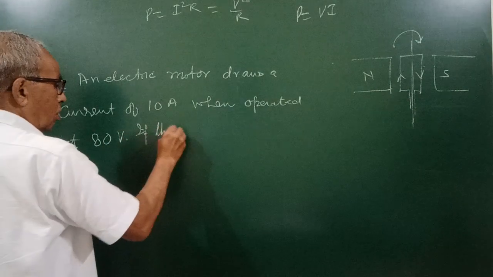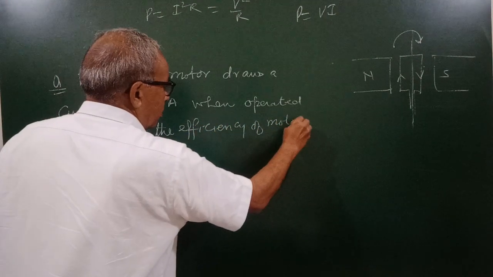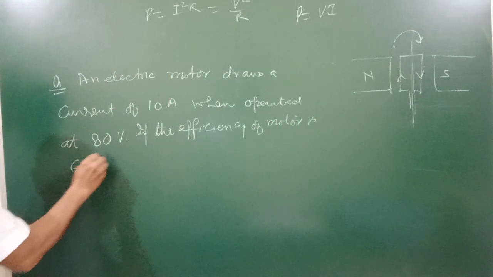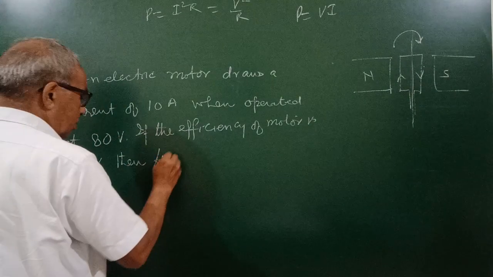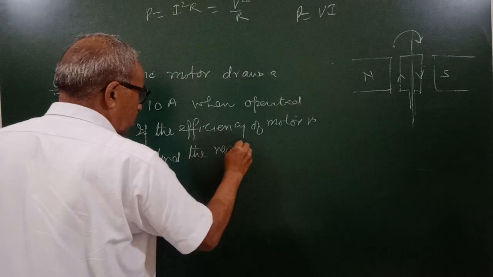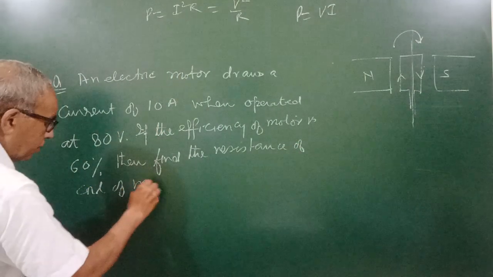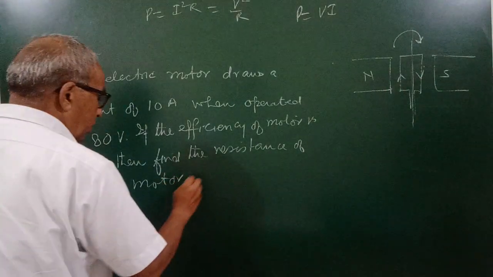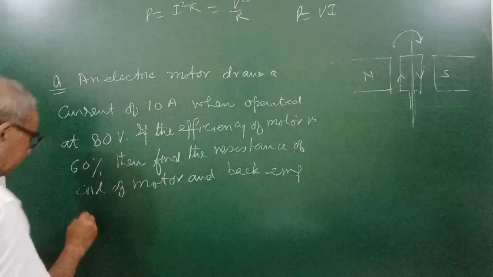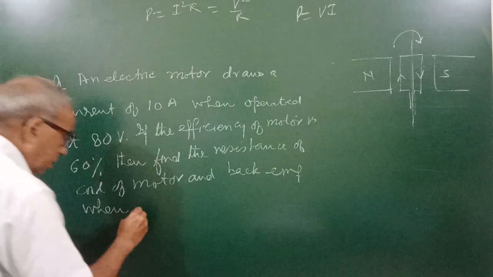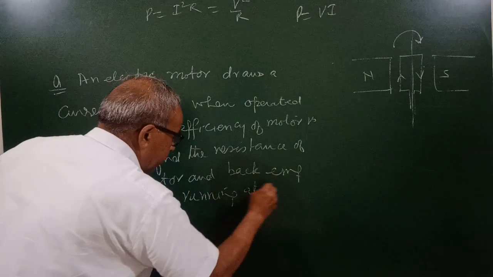If the efficiency of the motor is 60%, then find the resistance of the coil of the motor and the back EMF when it is running at full speed.